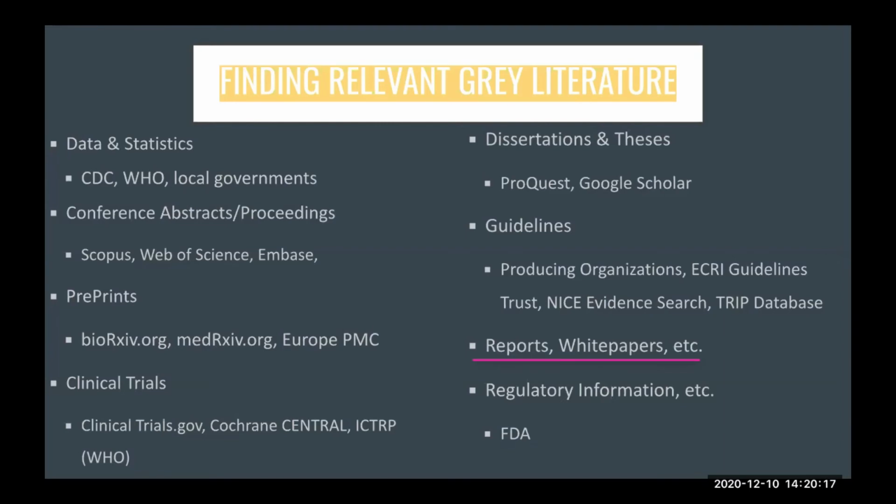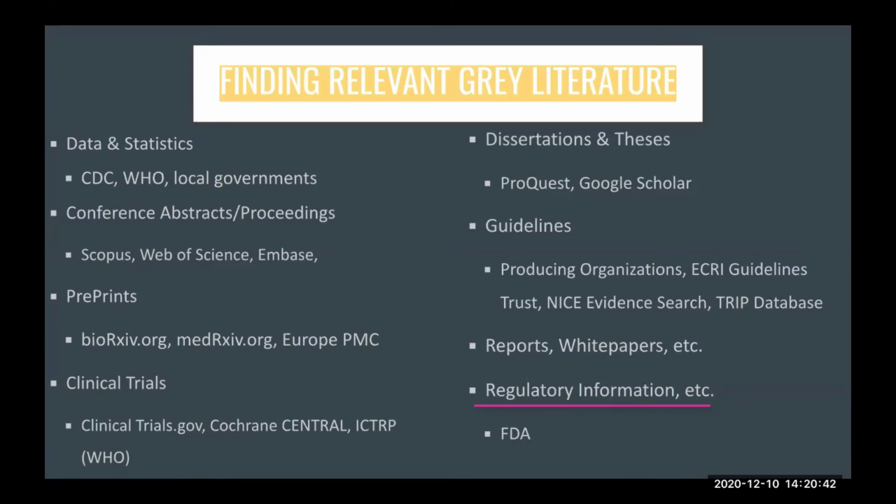Finally, reports, white papers, et cetera. That's always a situation where you know that an organization, whether it's a think tank, government body, et cetera, is doing research or work in this area. Let me just go directly to their website and see if they've published anything that might be of interest to me. And finally, regulatory information.